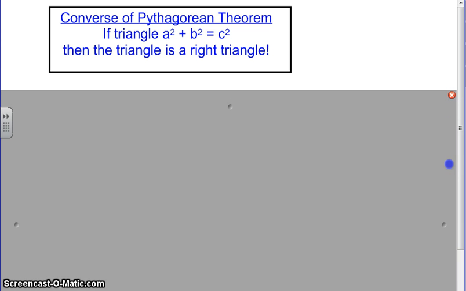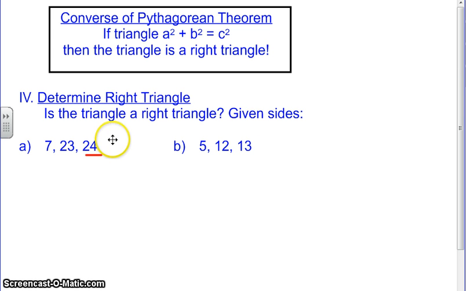That's not always true with conditional statements, but it is true with this. We use the Pythagorean theorem more often than the converse, but if you wanted to prove something was a right triangle, you're trying to prove some kind of a right angle, you can use this converse of the Pythagorean theorem.